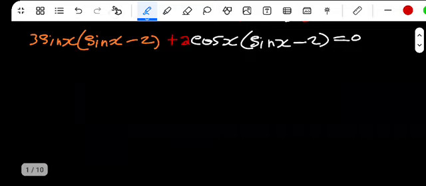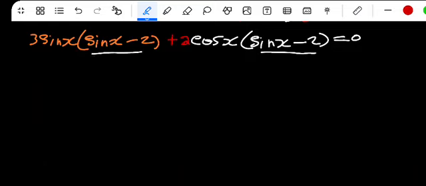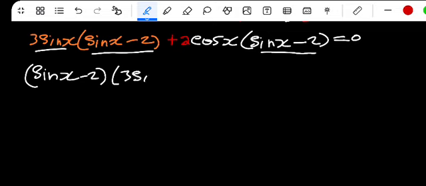So this and this are the same, you can take out as a common factor. I will take sine x minus 2 as a common factor, then this will be into 3 sine x plus 2 cos x.